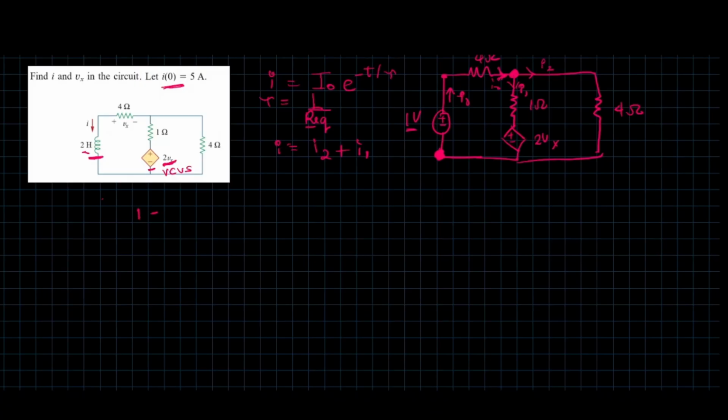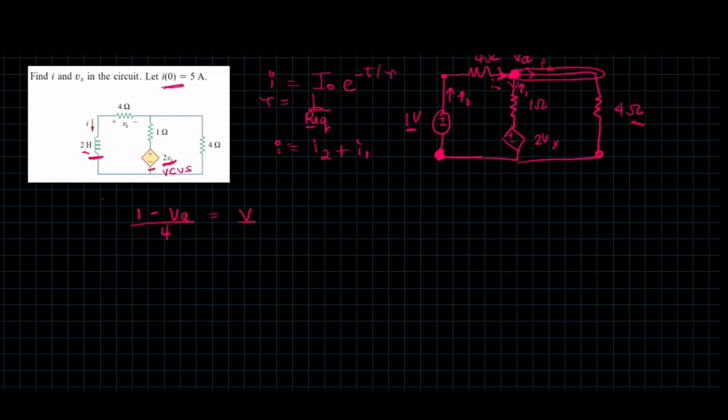It's going to be 1 minus, at this node, let's name this node VA, it's going to be 1 minus VA all over 4. This node and this node are actually the same because they are just connected by a wire. It's going to be equal to I2, which is simply going to be VA minus 0 over 4.